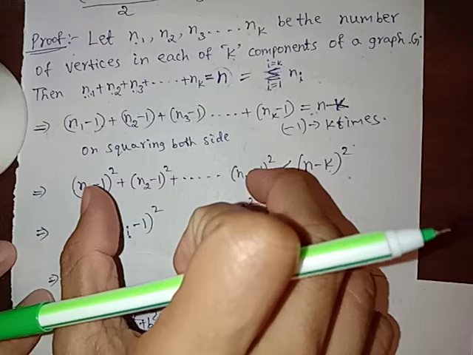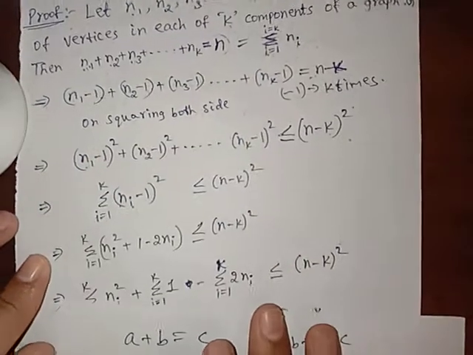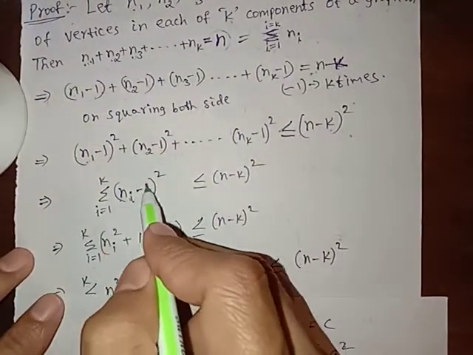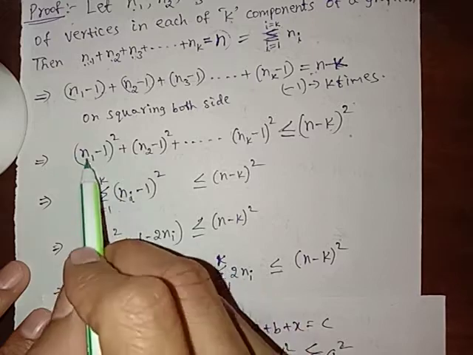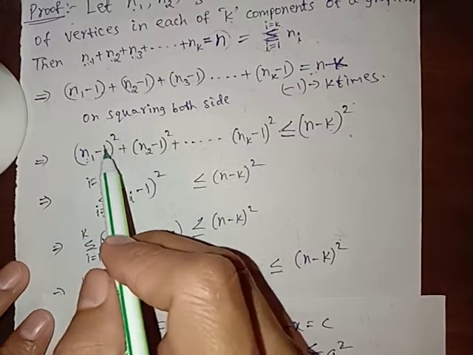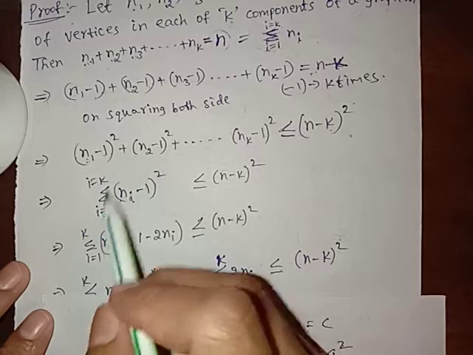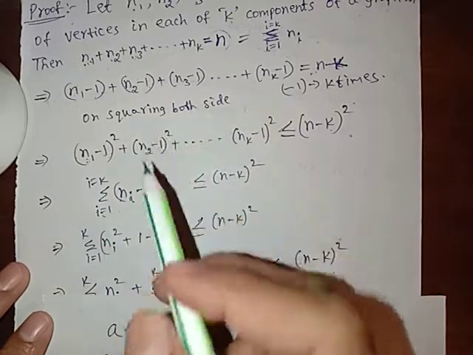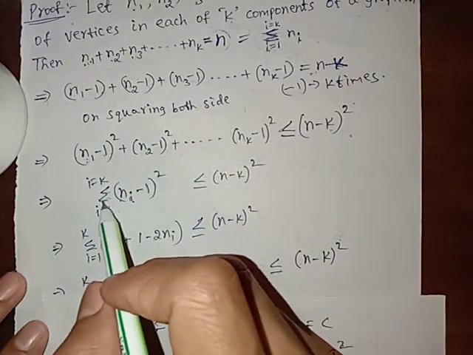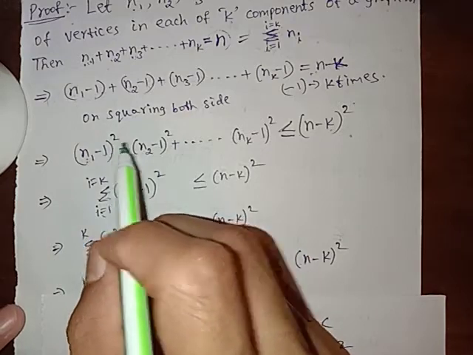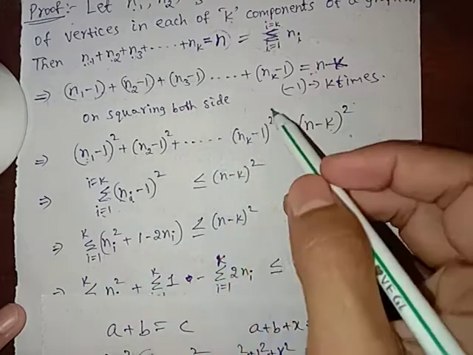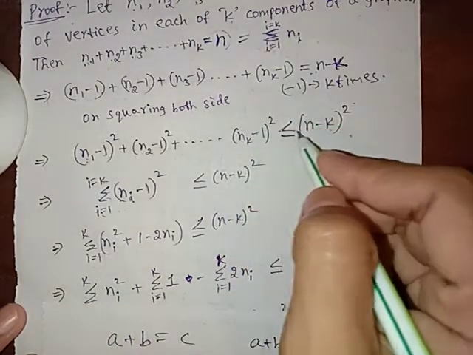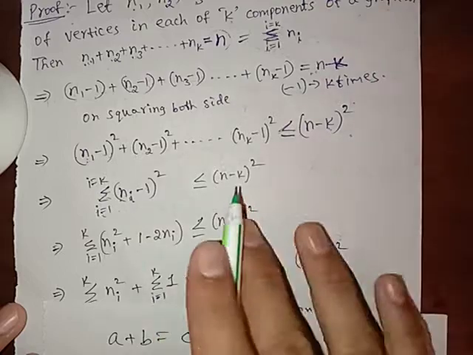We can denote this as the summation of ni minus 1 whole square from i is equal to 1 to i is equal to k. At i is equal to 1, n1 minus 1 whole square; at i is equal to 2, n2 minus 1 whole square, plus n3 minus 1 whole square up to nk minus 1 whole square. It is less than or equal to n minus k whole square.